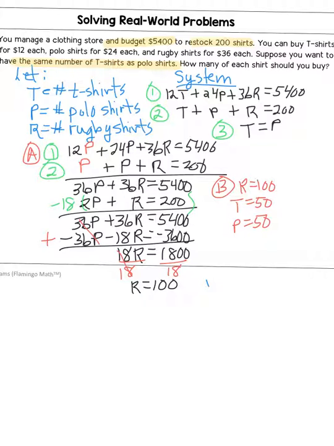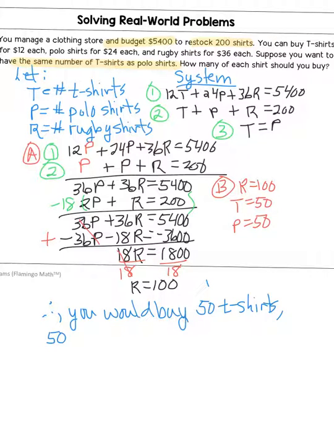So therefore, you would buy 50 t-shirts, 50 polo shirts, and 100 rugby shirts.